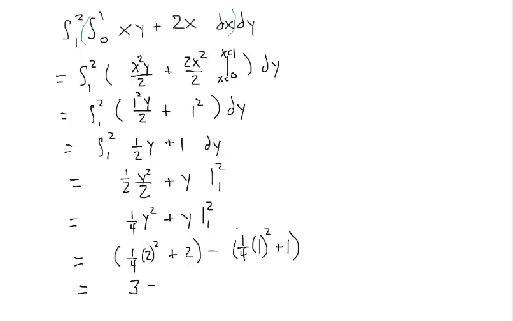Minus, and here I have 1/4 times 1 squared, which is 1/4, plus 1. So we have 5/4 total in the second set of parentheses. Then if we turn the 3 into 12/4 so we can do the subtraction, minus 5/4, this double integral's value is 7/4. And that's how we evaluate double integrals.